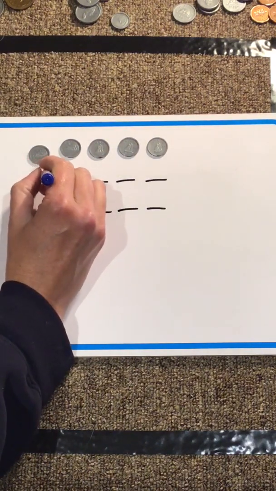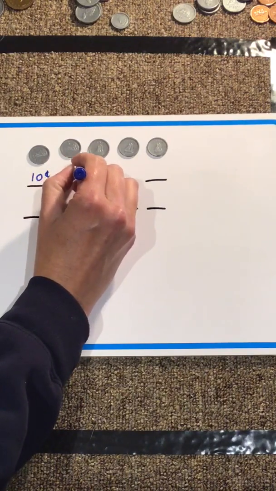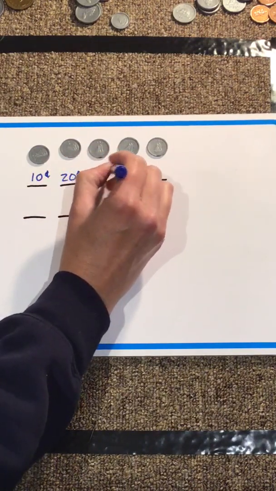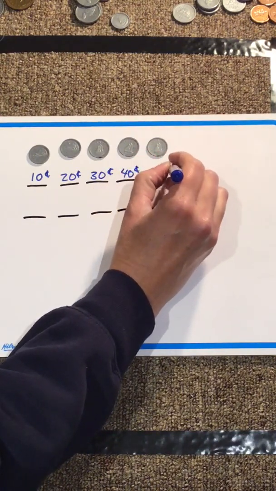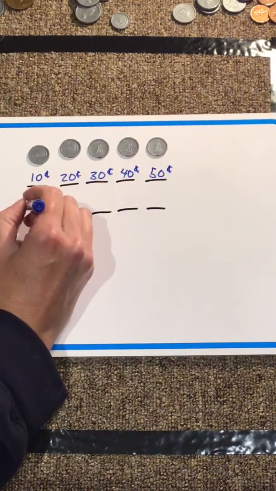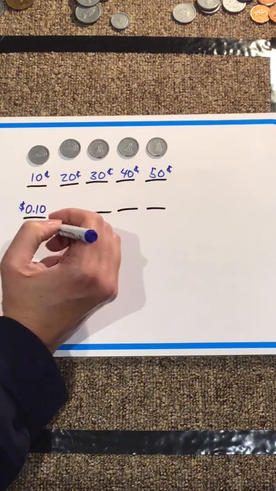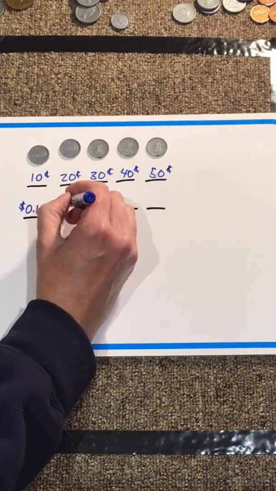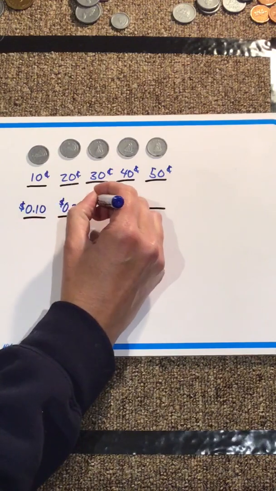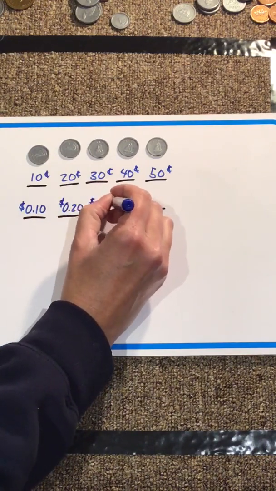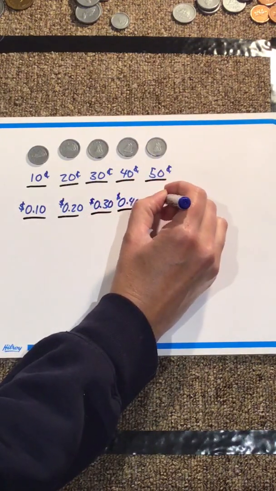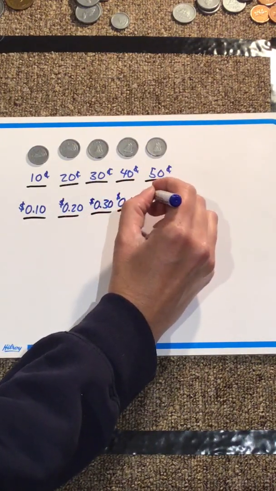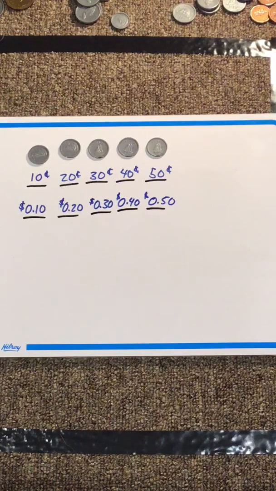So we could have 10 cents, 20 cents, 30 cents, 40 cents, 50 cents. Or we could have $0.10, $0.20, $0.30, $0.40, and $0.50. Okay? Either way will work.